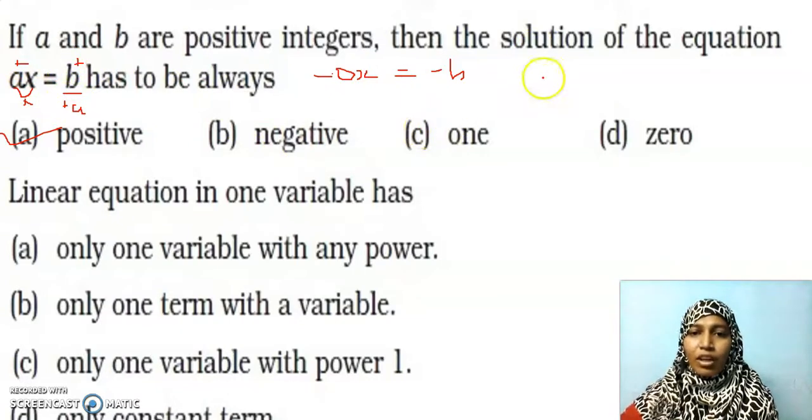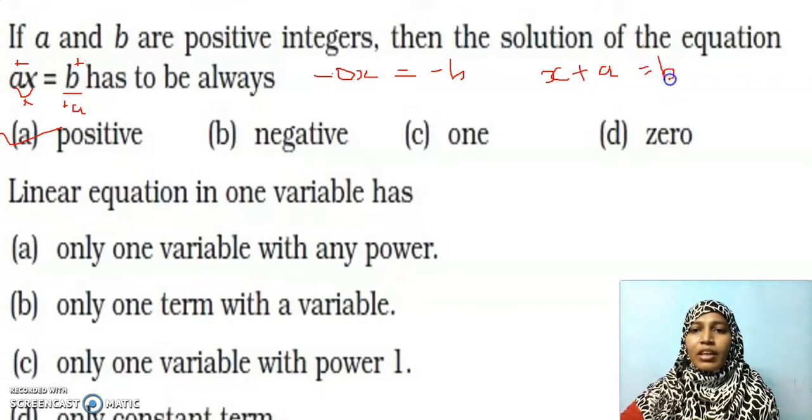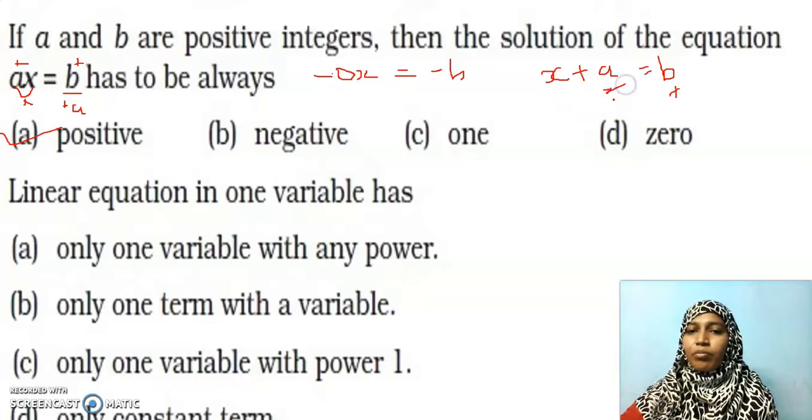Now, if I give you another equation like x plus a is equal to b. If I say b is positive and a is negative, what will be the value of x? Will it be greater than b or will it be less than b?